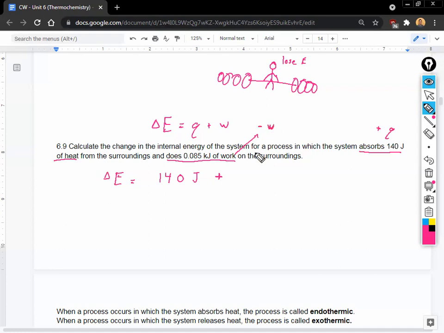So if a system does work, it's negative work, but if it has work done on it, that means it's going to be a positive value for work. Like if this was me, and a really buff dude with chicken legs came and punched me really hard and I started flying, I would have more energy in the system, right?